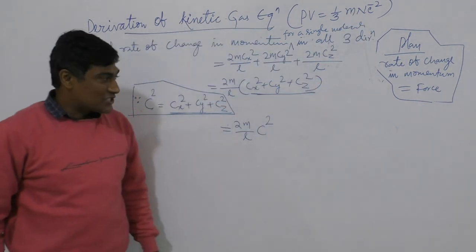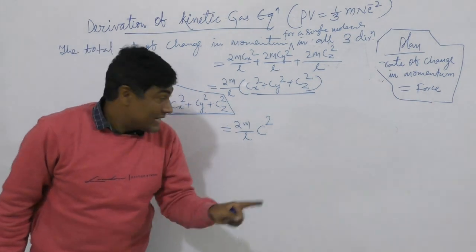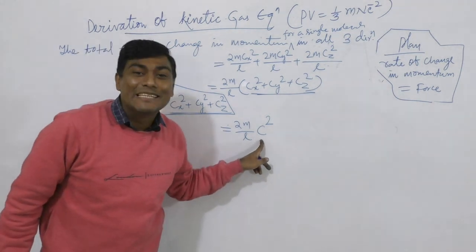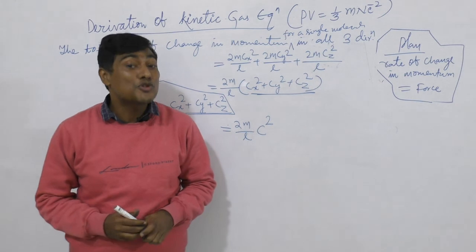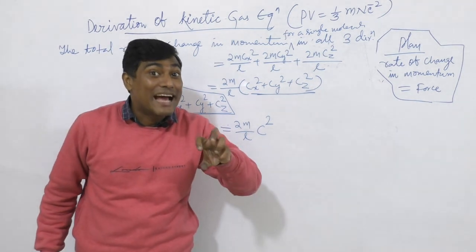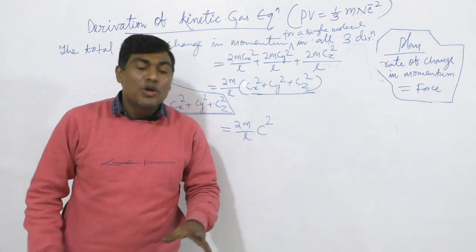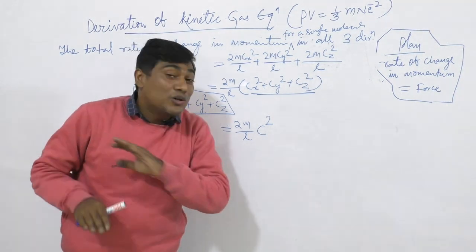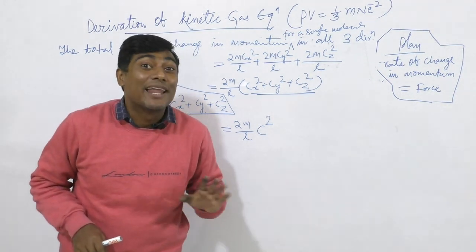That molecule has the velocity c, but from the postulates of the kinetic theory of gas, we know velocities of all the molecules are not equal.